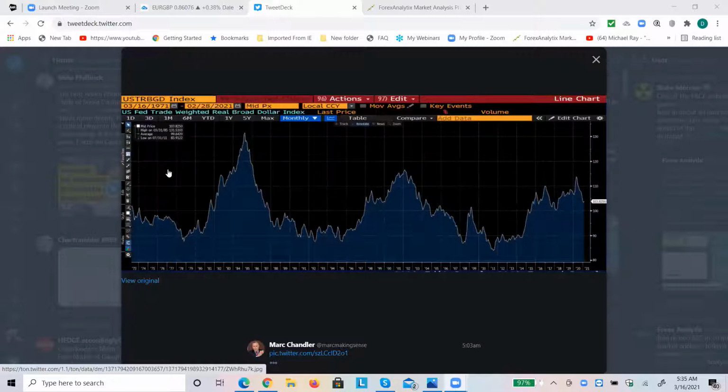Okay, all right. So with this new index that you've created, are there any emerging markets that suffered a lot under a strong dollar regime where there could be outsized moves?